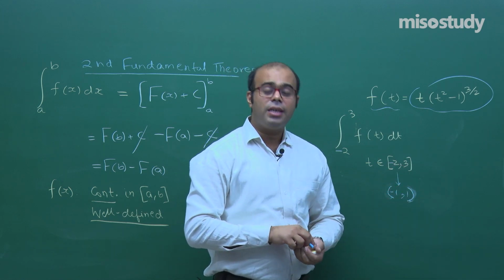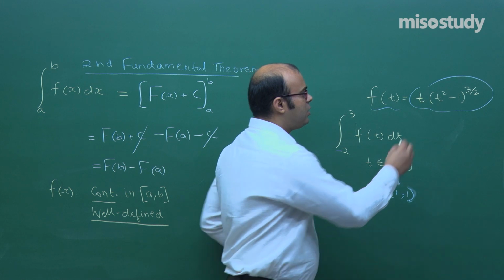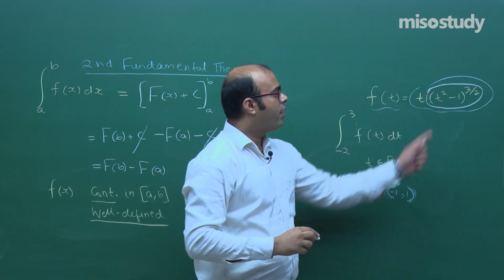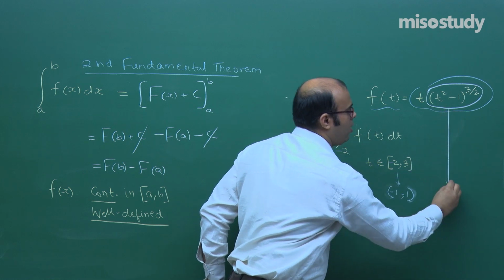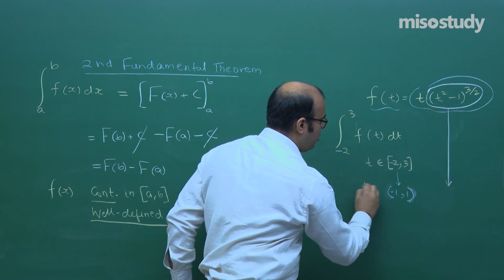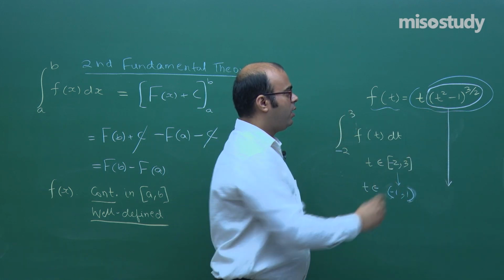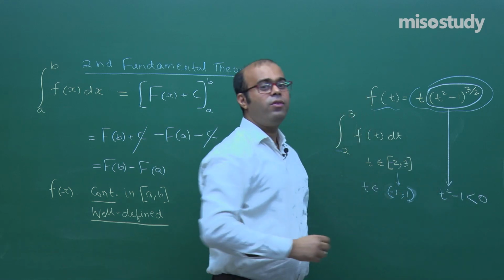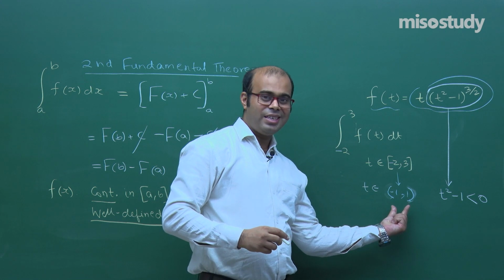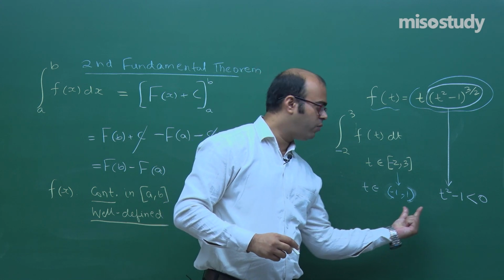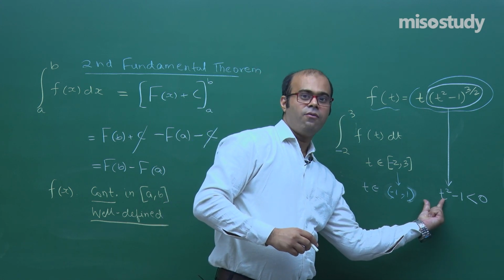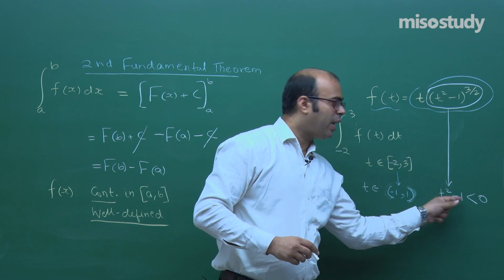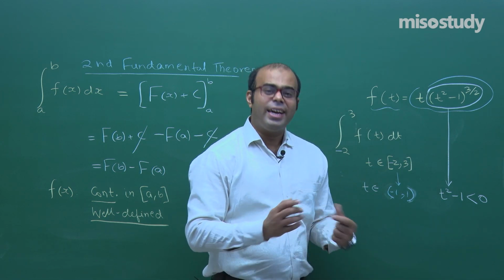And what this interval does is that for this particular (t² − 1)^(3/2), if we take any value t belonging to (−1, 1), this t² − 1 will be less than 0. It will be a negative value. You can see easily any value from minus 1 to 1 when substituted here will give a value less than 1 after squaring, and then subtracting 1 you will get a negative value.